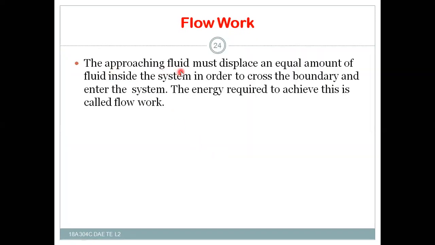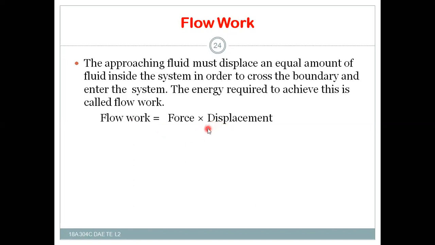The approaching fluid must displace an equal amount of fluid inside the system in order to cross the boundary and enter the system. The energy required to achieve this is called flow work. Flow work is equal to force into displacement.